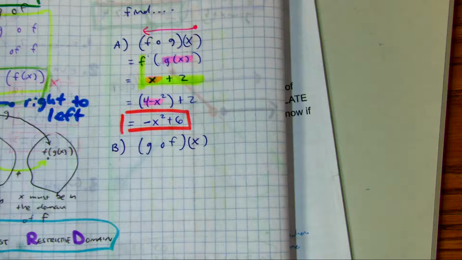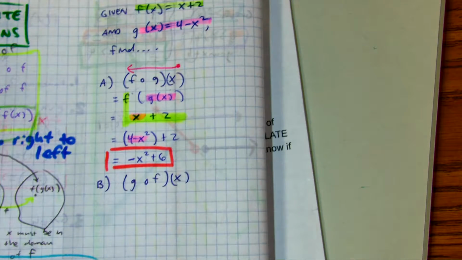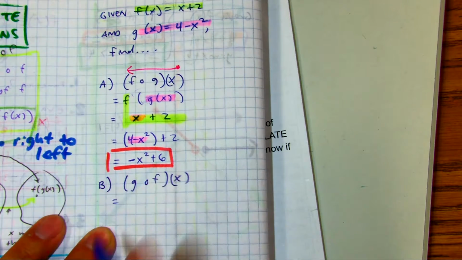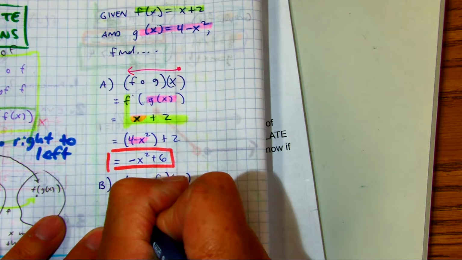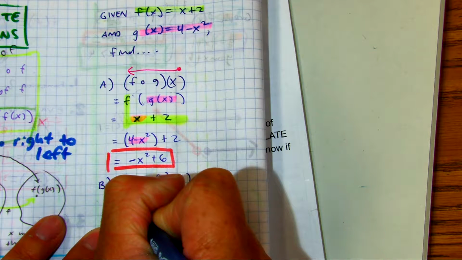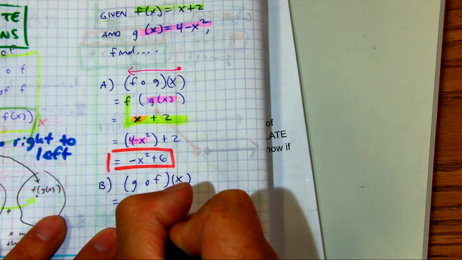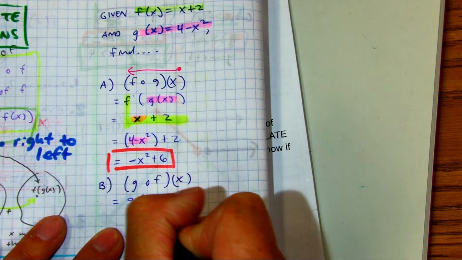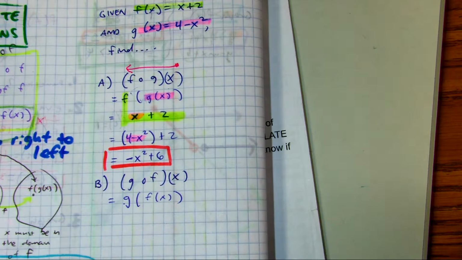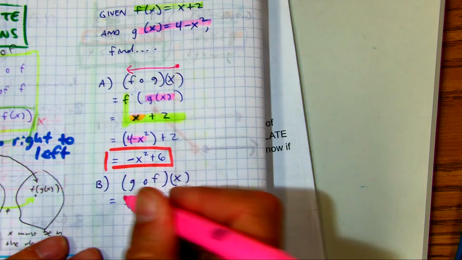Okay, let's run it back. Let's write it in student-friendly. Tell me what to write. F, G, which one? G of what? F of x. What is your g function?